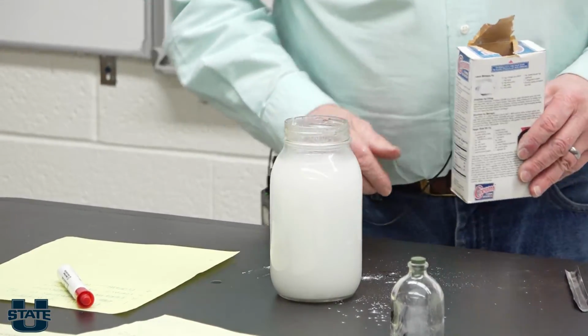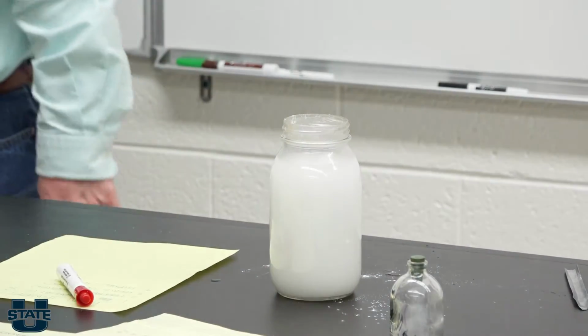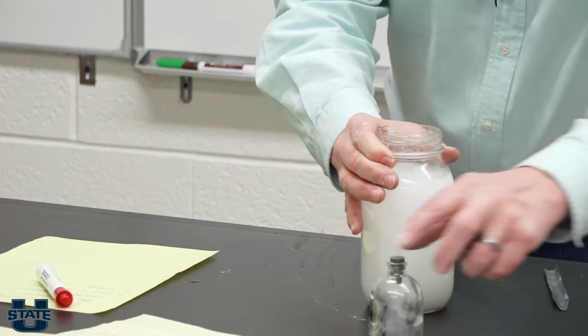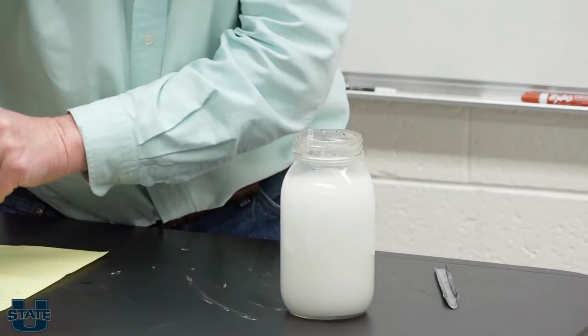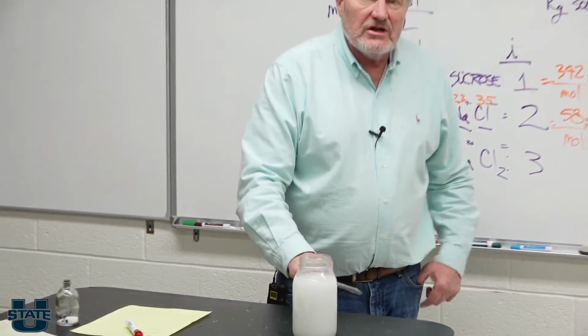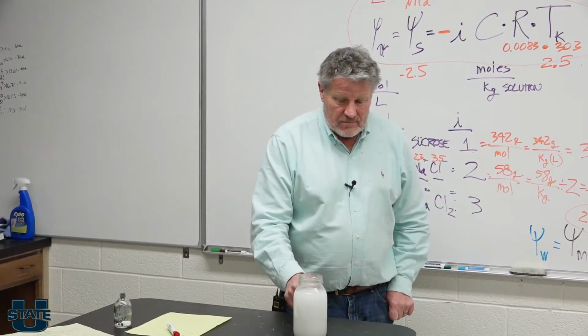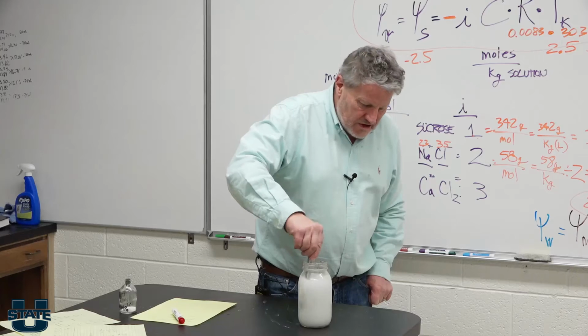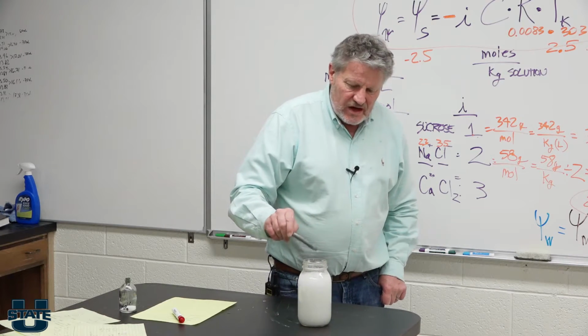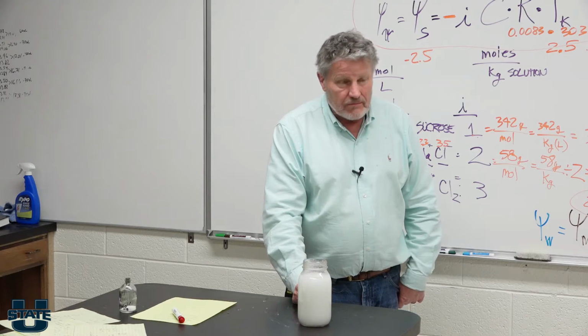Does that go optically clear? No, it does not. And we got a little extra starch here. It's cloudy. If it's cloudy, that means it's in suspension, not solution. Doesn't matter how long I stir this, it's not going to ever get clear.